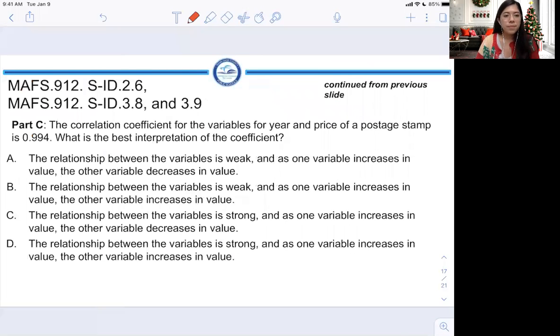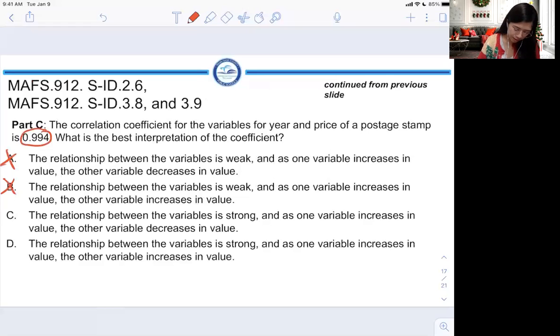Here we go. The correlation coefficient for the variables for the year and price of a postage stamp is 0.994. What is the best interpretation of that coefficient? A, the relationship between the variables is weak. Wrong. B is also wrong, because that also says weak.